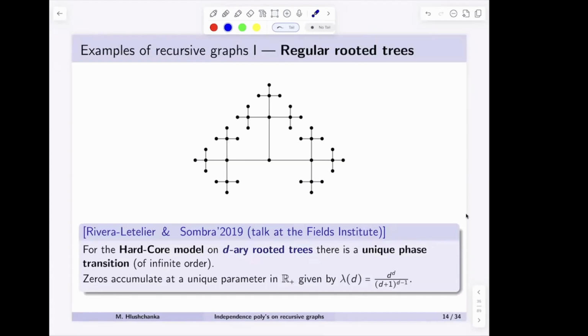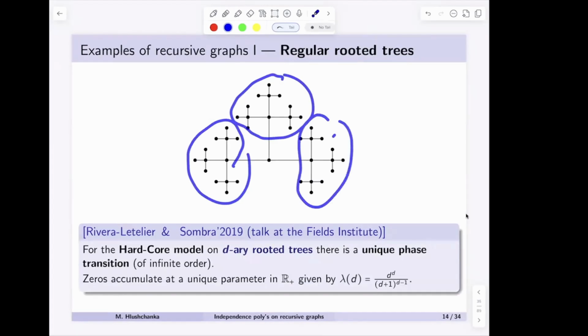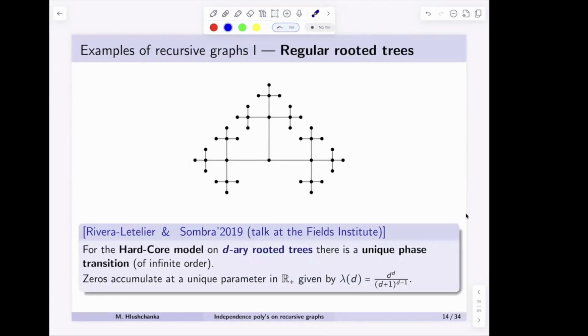If we look at regular rooted trees, which you could obtain recursively by taking, in this case, 3 copies of the previous graph and joining them together by this tripod picture, then it was proven by Weber, Letellier, and Sombra that the hardcore model for this sequence of regular rooted trees has a unique phase transition of infinite order.